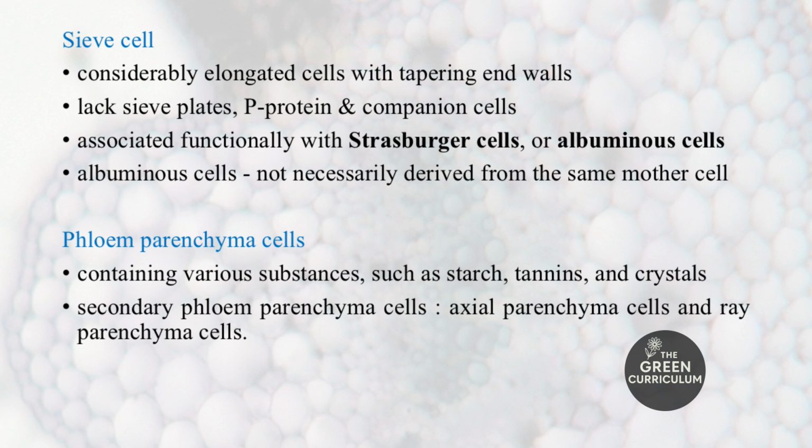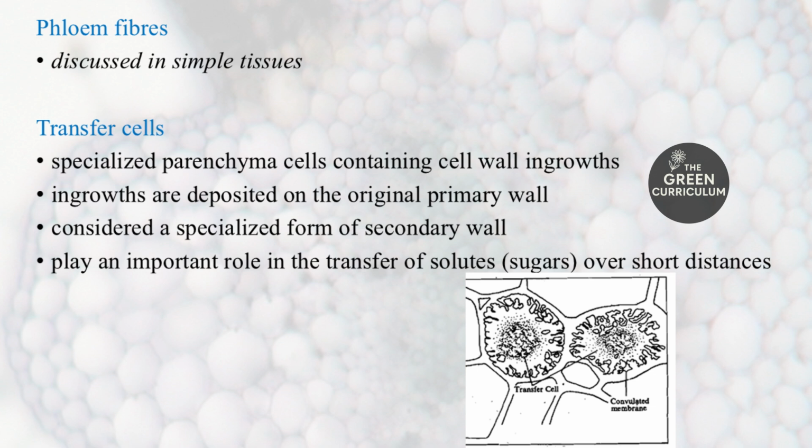Axial parenchyma cells are concerned with storage, whereas ray parenchyma cells are for lateral conduction. And the last component, phloem fiber: we have discussed phloem fibers under sclerenchyma fibers in simple tissue, so you can refer to that video on simple tissue for the details.